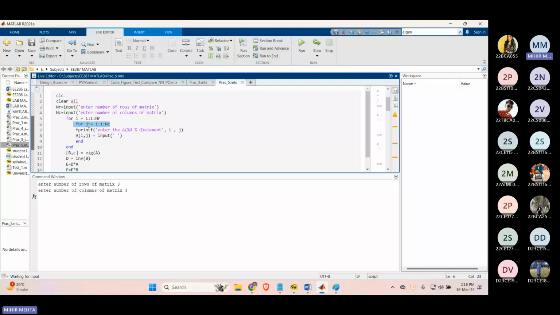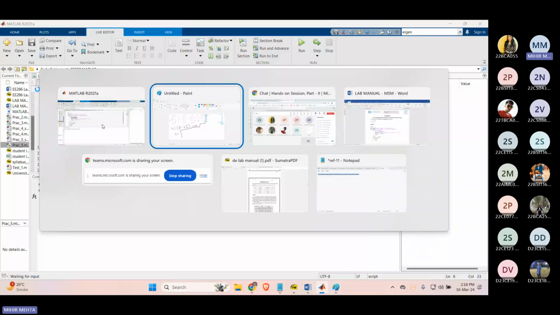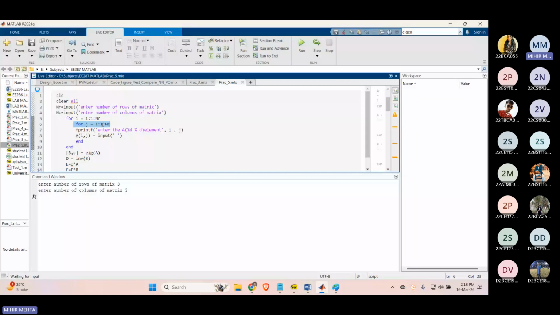It says from j is equal to 1 to nc, where 1 is the starting point, increment as Rohan said, it again increments by 1 and nc is the number of columns. So it would ask the values from 1 to 3 and it will ask me what the values are.